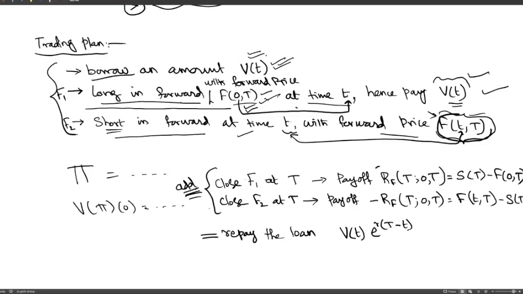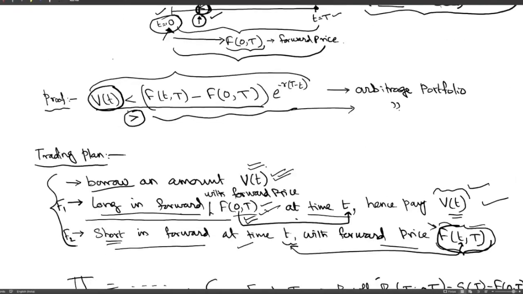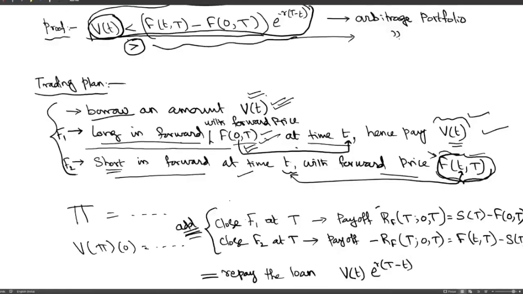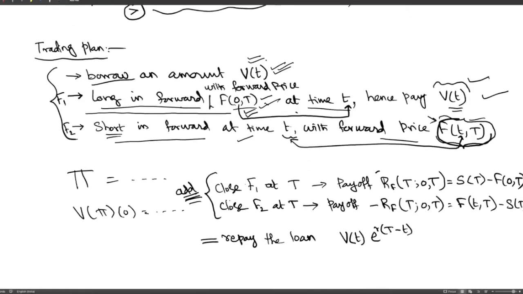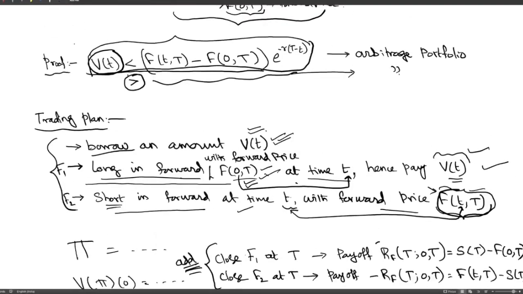You show that that is a positive number by assuming this inequality, which you can easily see. And therefore your portfolio is an arbitrage portfolio, so this will not be possible. Now similarly, you take the greater than case, and again a similar but reversed strategy you can adopt and prove the same thing. I will leave it to you to complete this proof also.